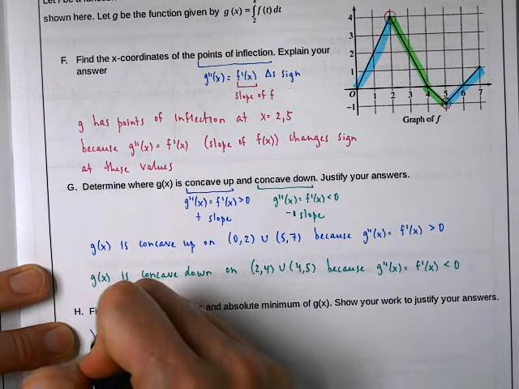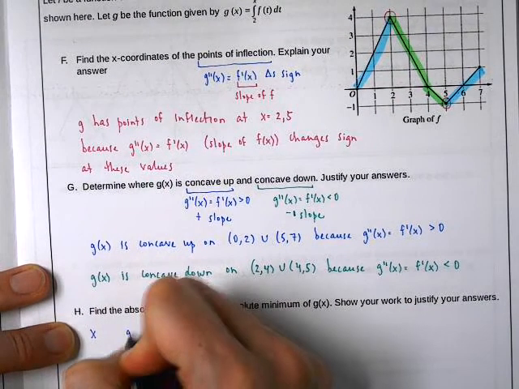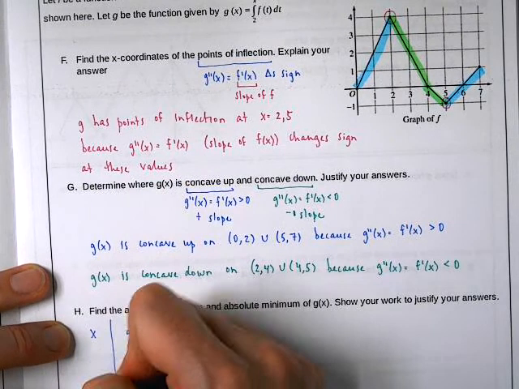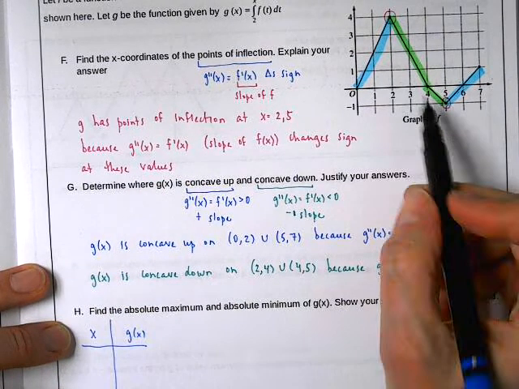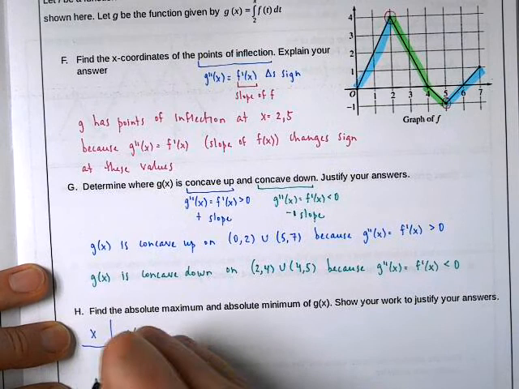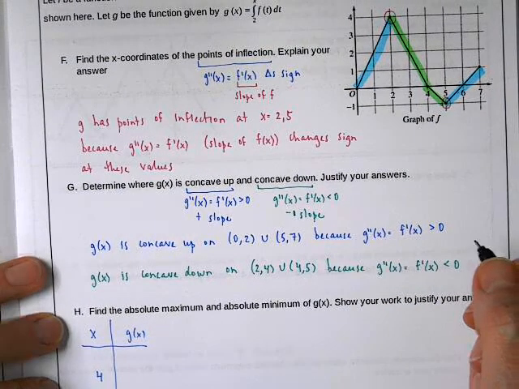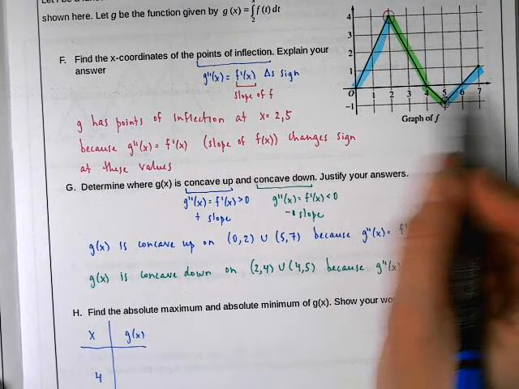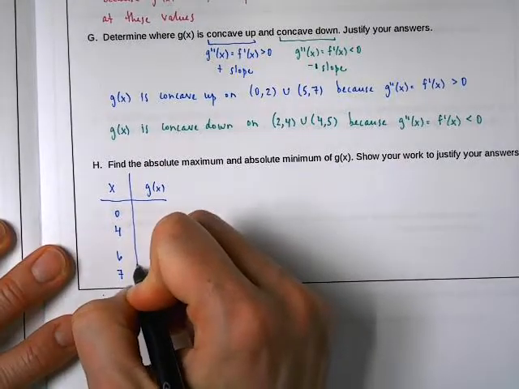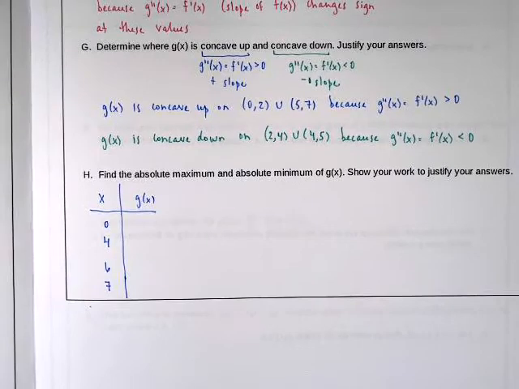So in my table, we'll have x and g of x. We're going to have our critical points where we change sign. So I'm going to include 4 and 6, but remember we also have to include our endpoints, so 0 and 7. So in my table, these are the 4 points that I have to test.